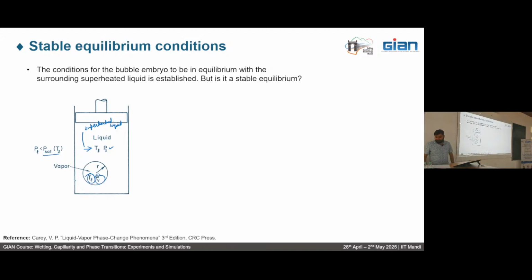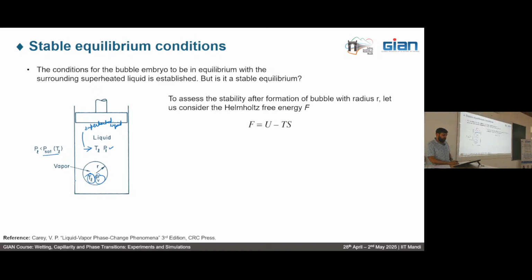Now, to see if this is stable, we take the Helmholtz free energy. The Helmholtz free energy, usually defined by A or F, is equal to U minus TS. Here we are talking about the case where temperature is constant. U and S, the internal energy and entropy, both have additive properties.